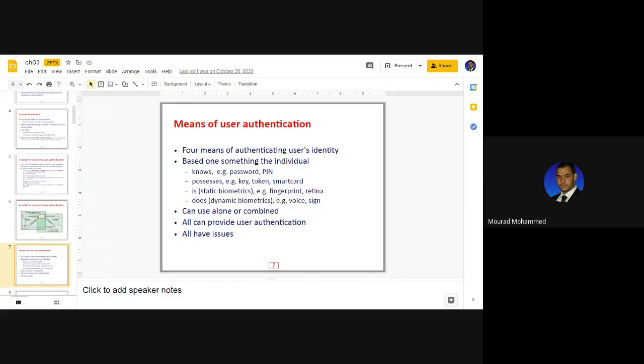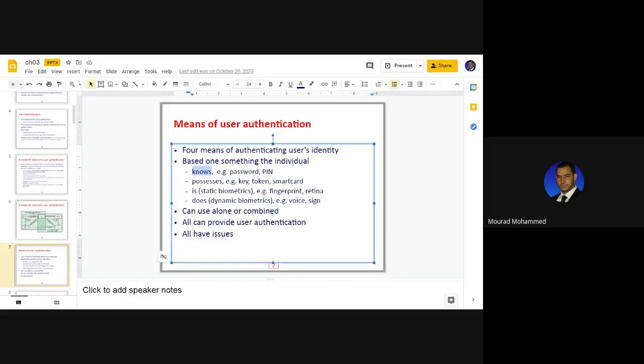This rule says to authenticate, a user has to know something, or the user has to possess something, or a user is something, or a user does something.